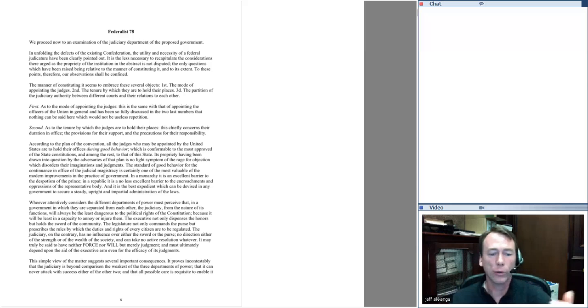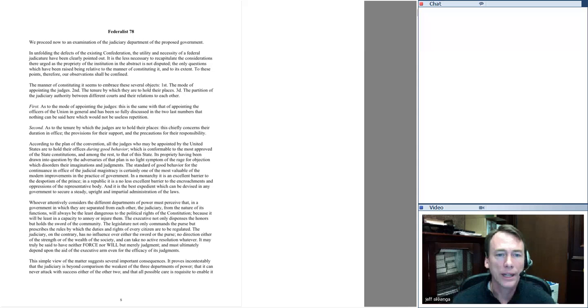There's so many interesting arguments, but let me just point out a couple of high points that I think it's important to take as we go into Marbury versus Madison, which is that Hamilton argues that such independent judges are not dangerous because they do not have the capacity to harm the Constitution.